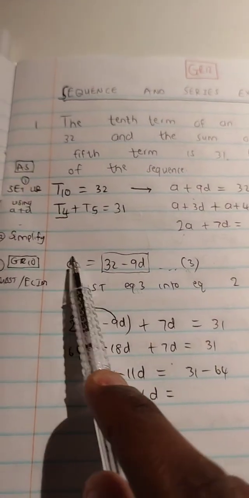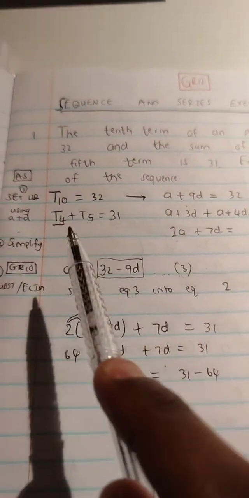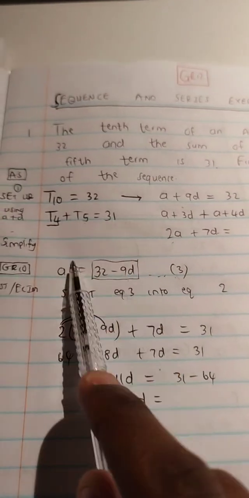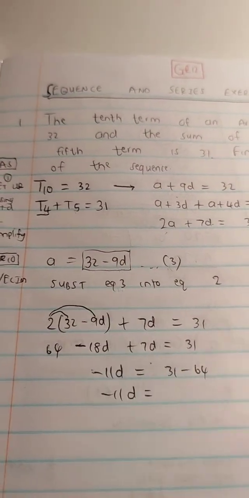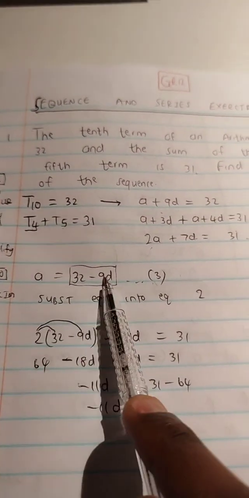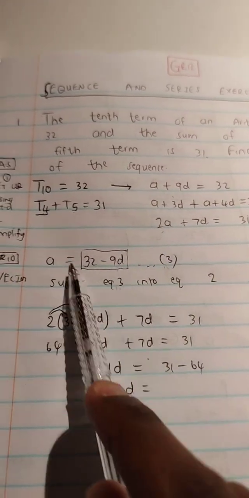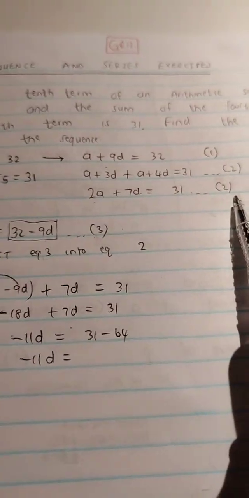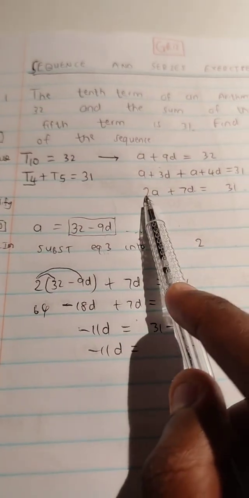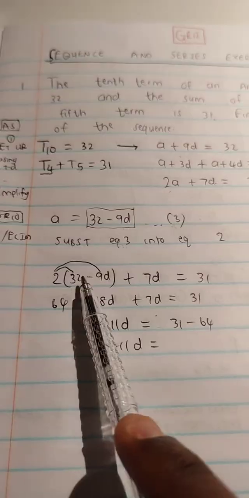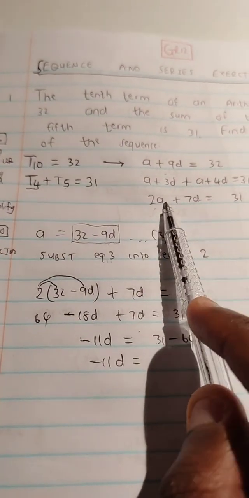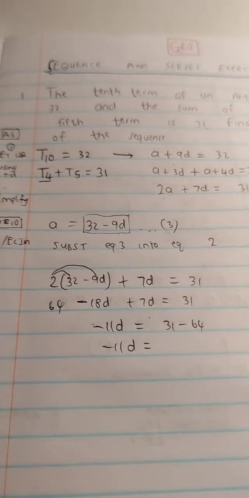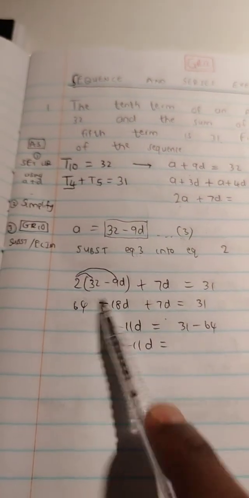So where a is in this equation, you substitute 32 minus 9d.